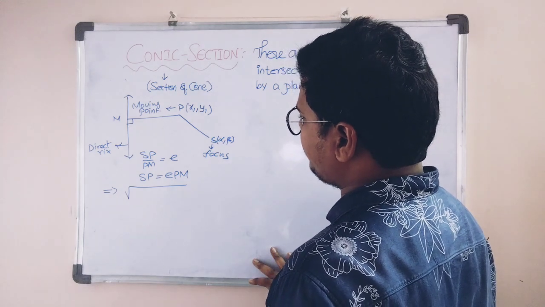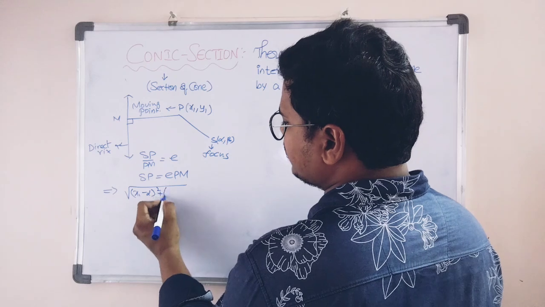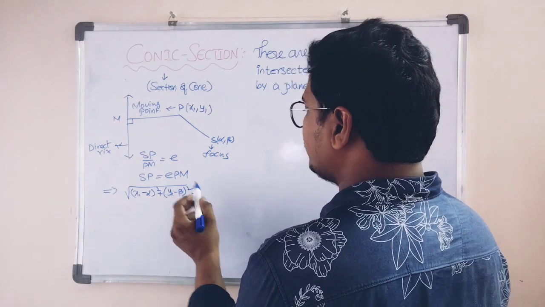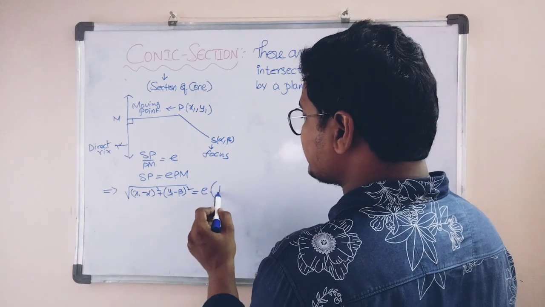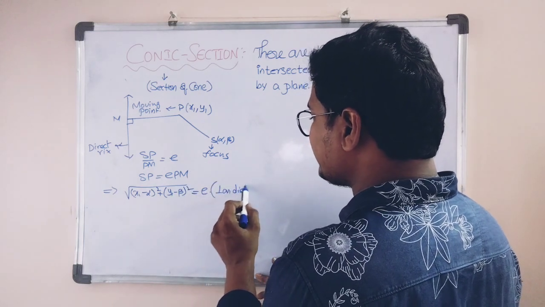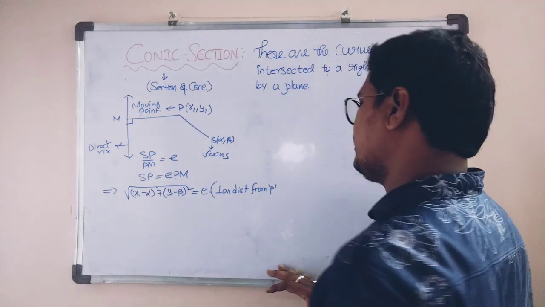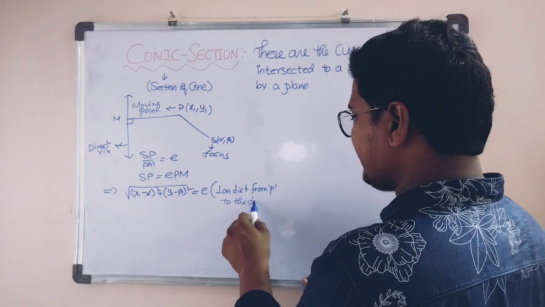The distance between P and S: (x1 minus alpha) whole square plus (y1 minus beta) whole square equals e into the perpendicular distance from P to the directrix.